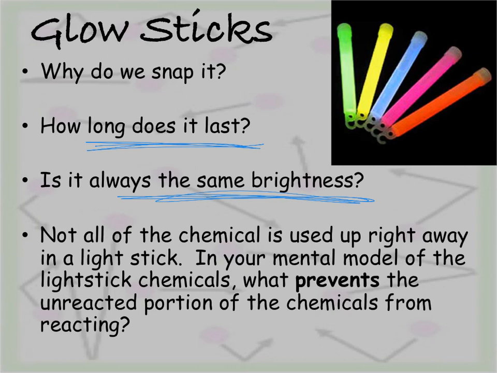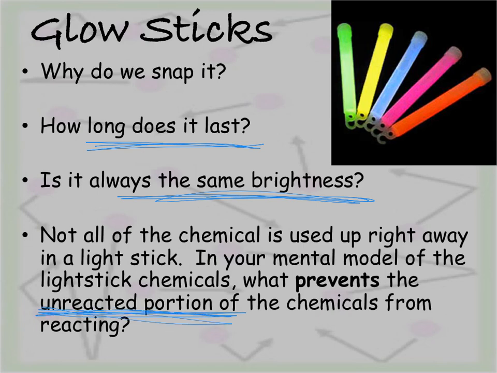All right, so when we know that it keeps producing that glow, right, as we go, which means that we're continuing to get reactants turning into products, okay? So if that's continuing to happen, what that means is that there is a portion of our chemicals that are unreacted, okay? And they react later on.